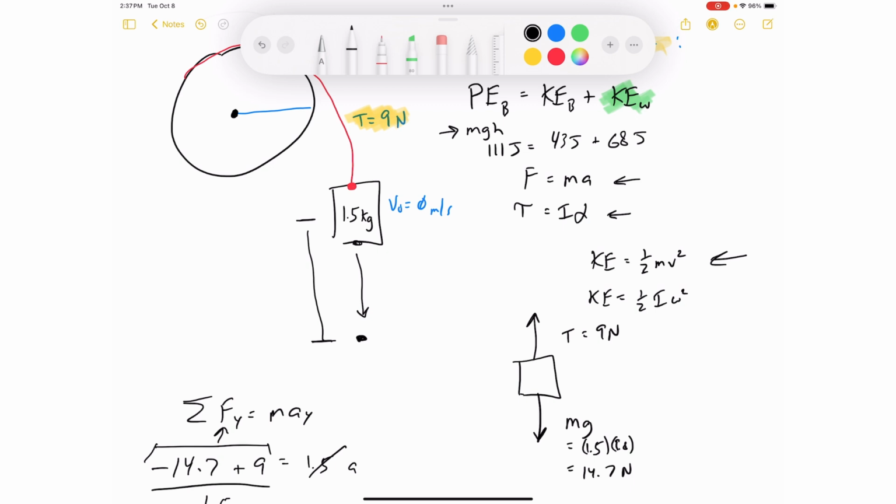F equals ma is about inertia in the linear sense, and tau equals I alpha is about inertia in the rotational sense. And if you forget anything, remember that mass resists changes in velocity. Okay, all right, that's it.